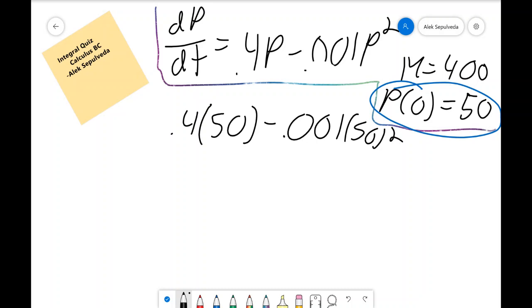Now if we just plug that into our calculator, that gets us 17.5. So P prime of 0 is equal to 17.5.